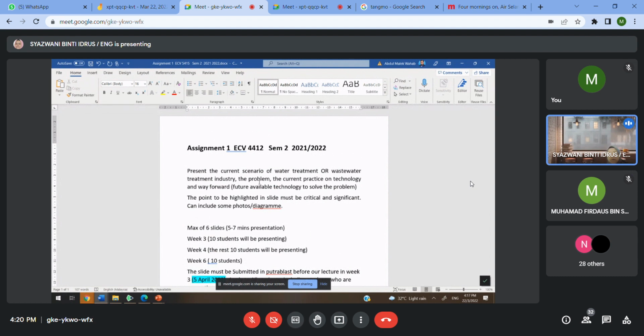You know why? Because you are to submit not in the form of a report. If it were a report, you could simply copy and paste. But now you are to submit in the form of slides. So you have to be very selective in choosing the keywords to be included in your slides, because slides have to be presentable.